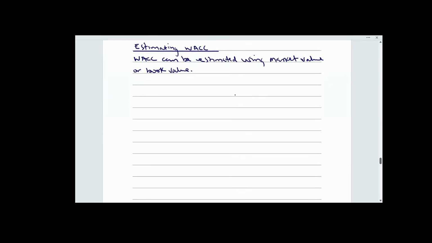WACC can be estimated using market value or book value. So let's start with market value.